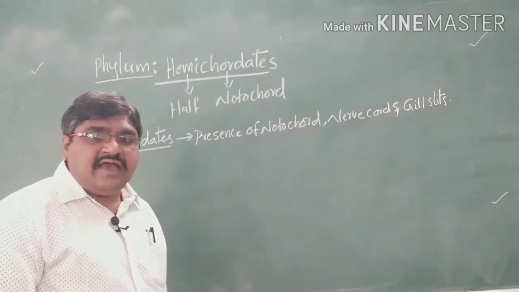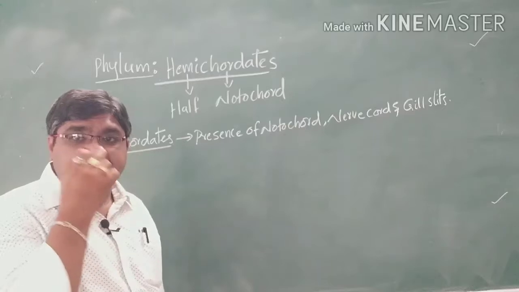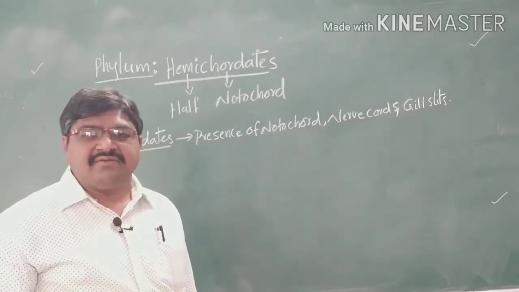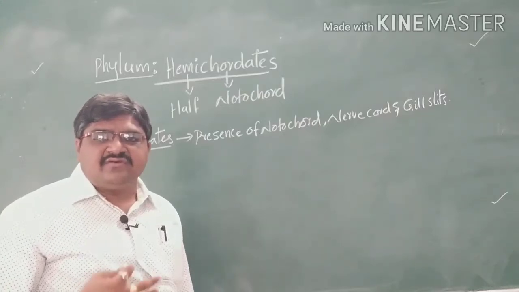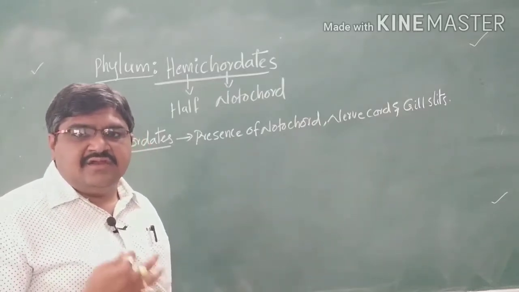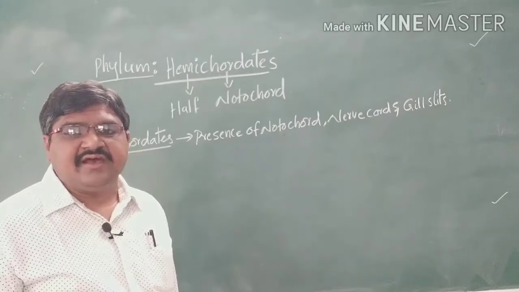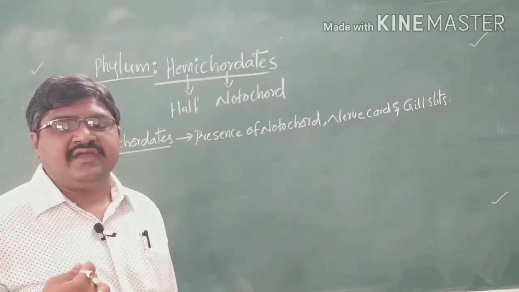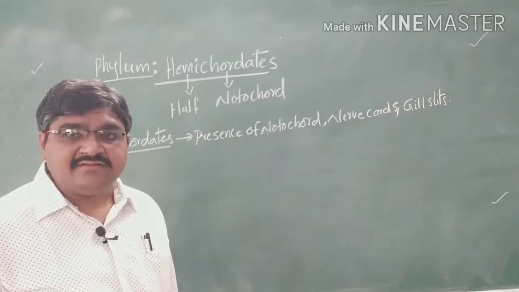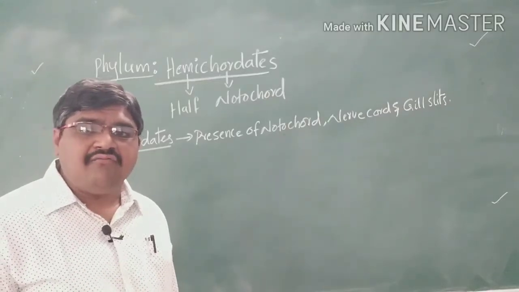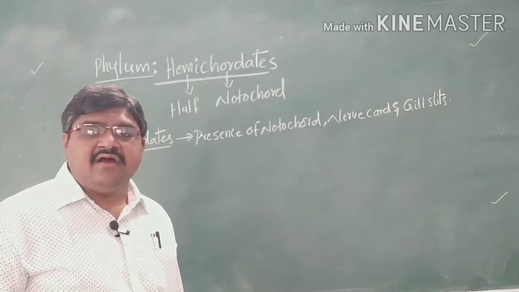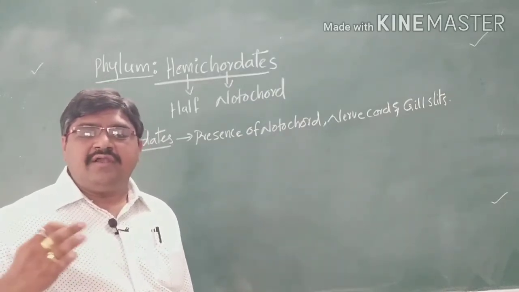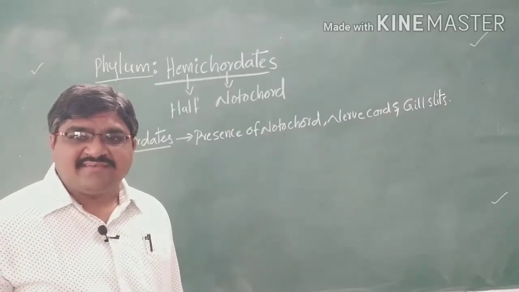They also have invertebrate characters. Invertebrate characters means the nerve plexus is present. Due to the presence of a nerve plexus or nerve ganglia, we treat that as an invertebrate character. So here the name is justified: hemi means half, chordates means half of the body consists of a notochord and half of the body consists of a nerve plexus.